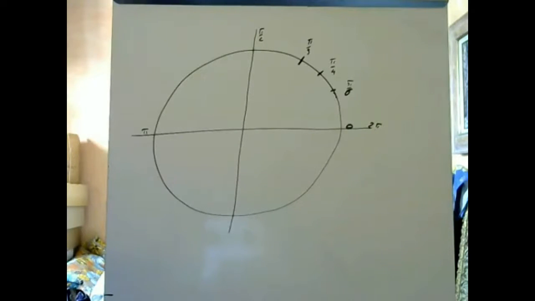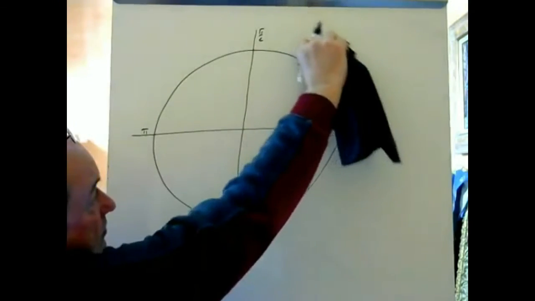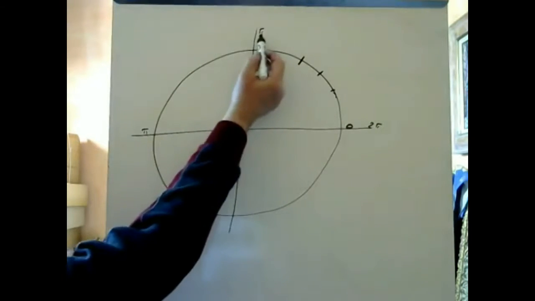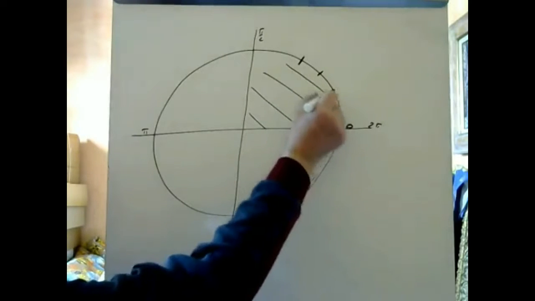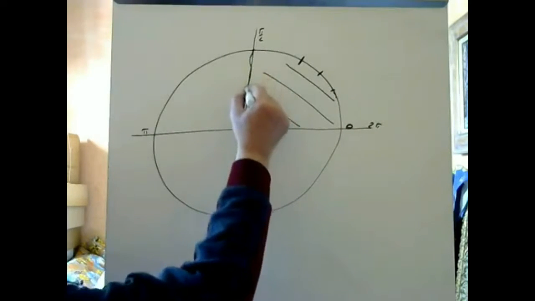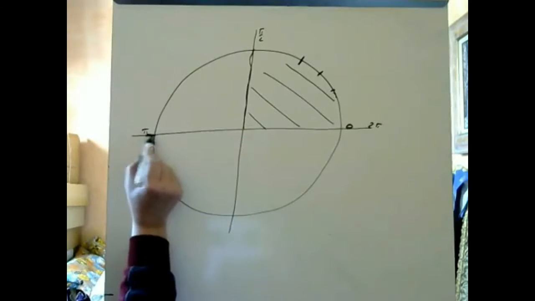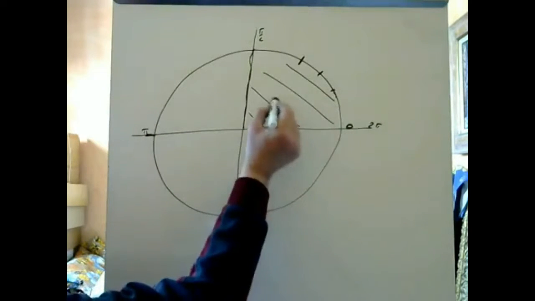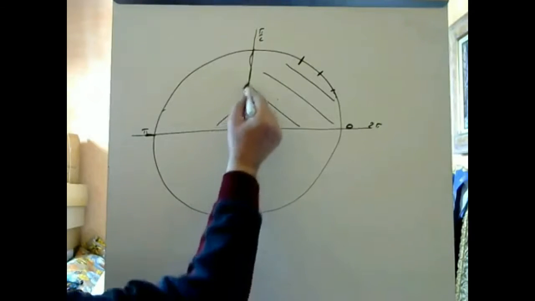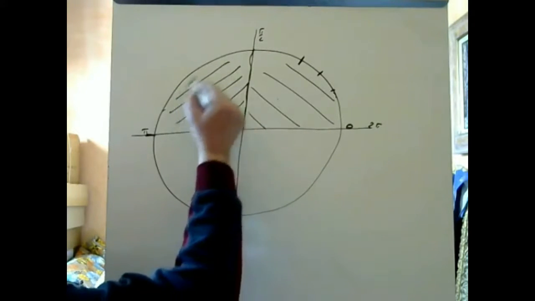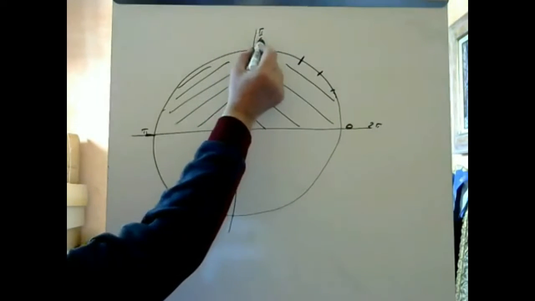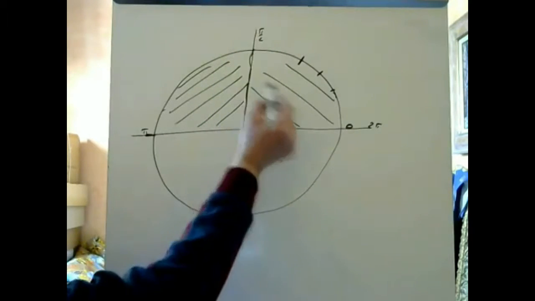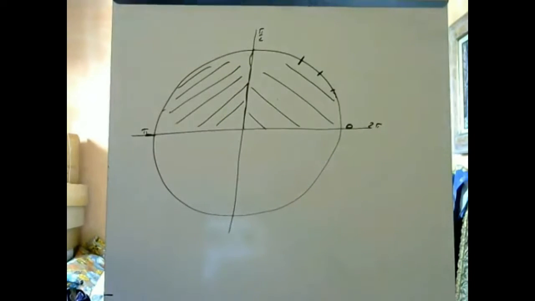So how do I place pi over 2? To place pi over 2, what do I do? I take pi and I divide it into 2 equal parts. So here's the first part. Pi is half the circle, which I divide into 2 parts. One here and one here. So pi over 2 is one portion of pi over 2, starting from the value 0.